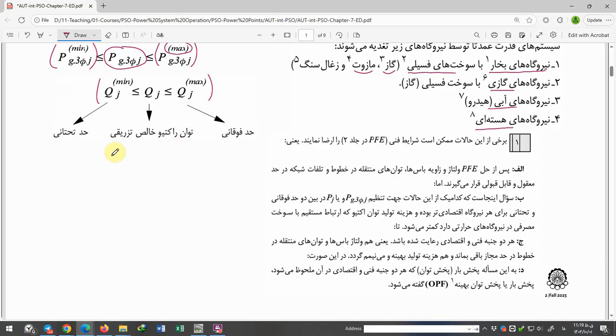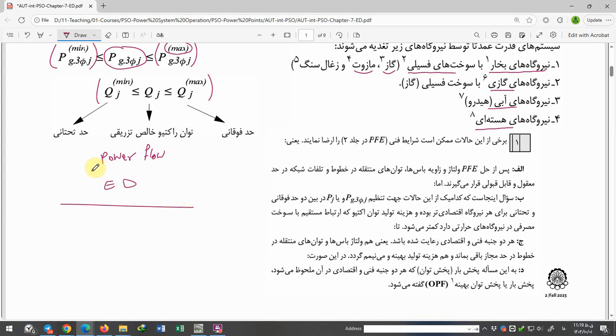We discussed power flow, and now we discuss economic dispatch.